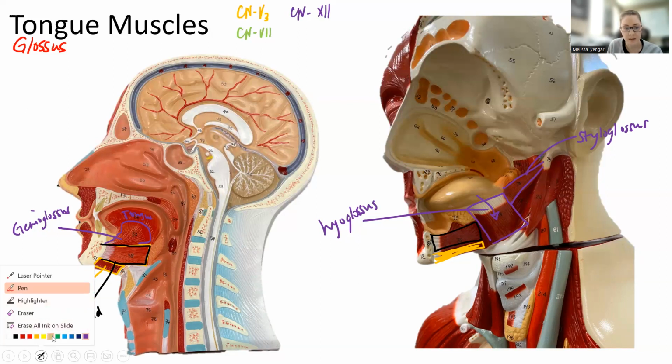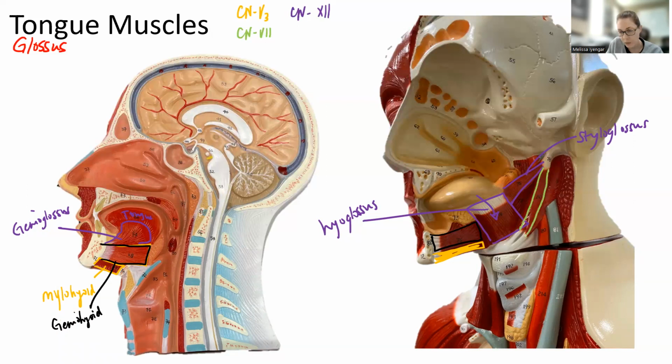And then I can see that there's another muscle here attached to the styloid process. That muscle is actually going to be stylohyoid, which is innervated by the facial nerve. And then back behind it is digastric, the posterior belly.